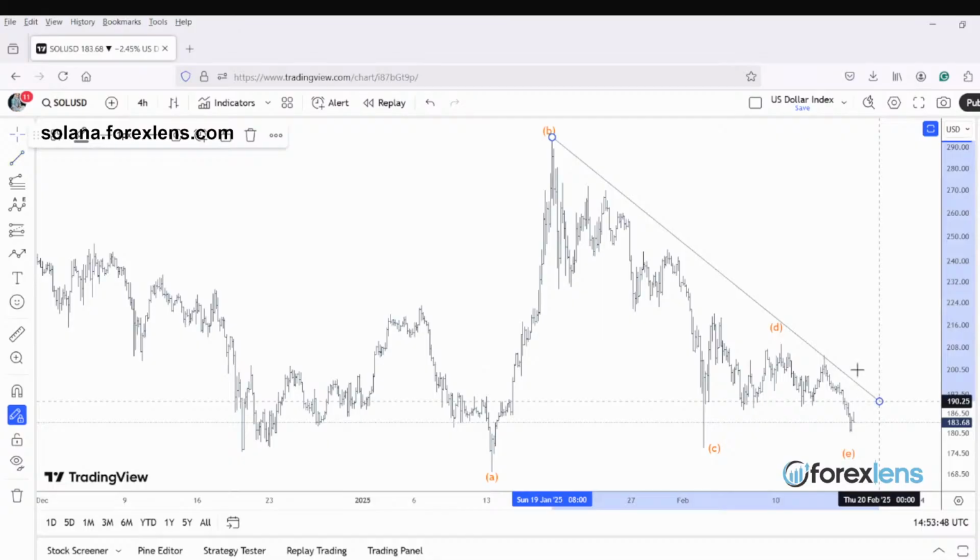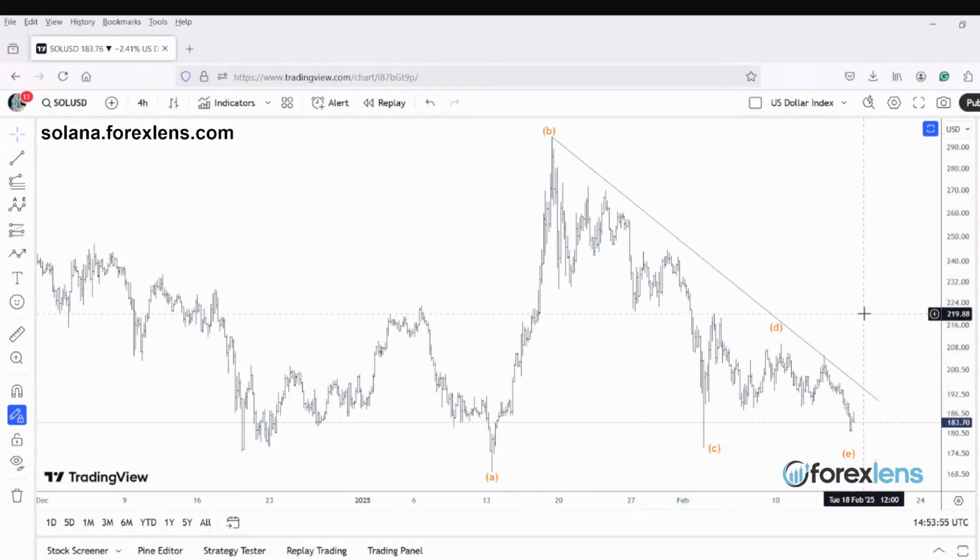A break above this trend line, in fact the resistance around 205, would certainly confirm that bears are out of control, or bulls are back, and they would now be targeting above 290 levels. All right, but our strict stop loss recommendation is 167. A break below that ideally changes the structure, or has the potential to change the structure going forward.